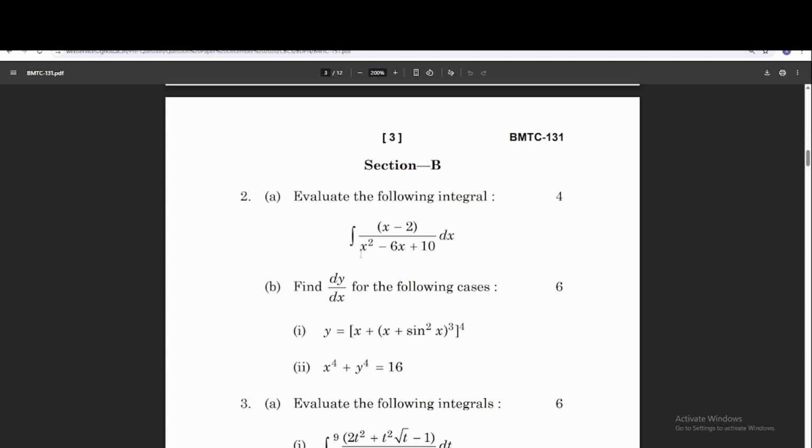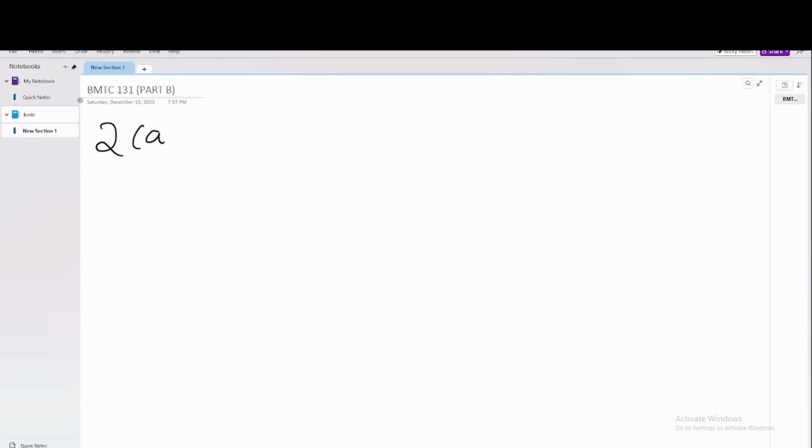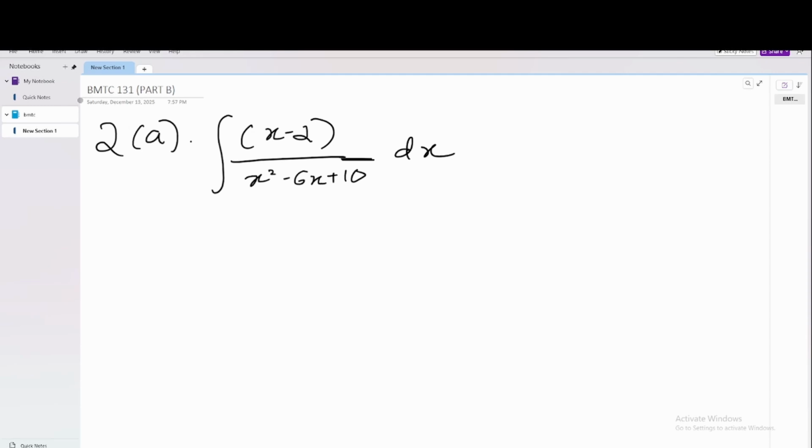So from this we can see that the derivative of this term is 2x minus 6.